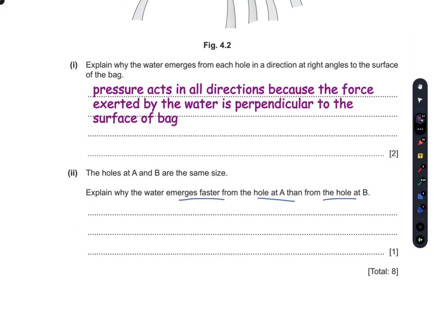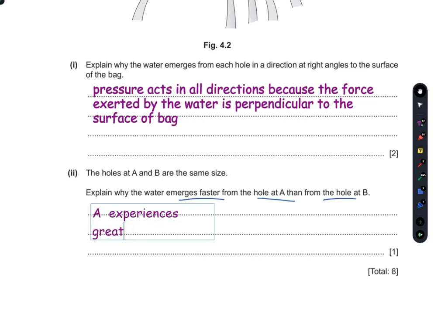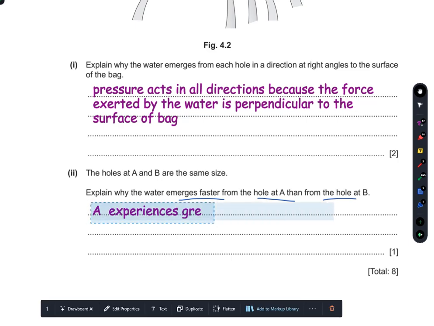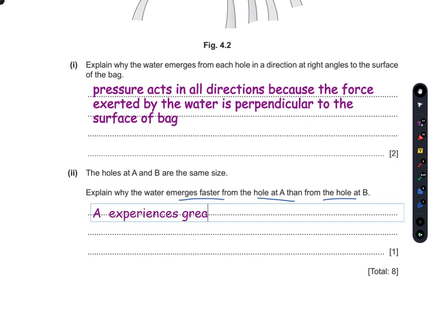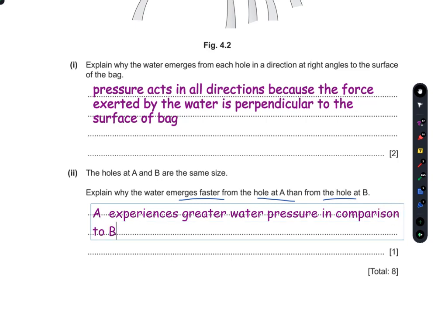So I can write here: A experiences greater water pressure in comparison to B. Why?